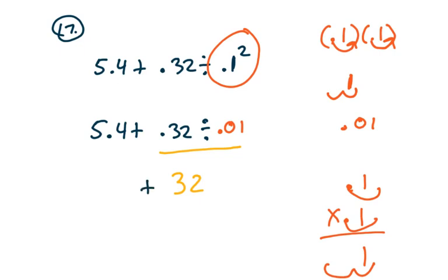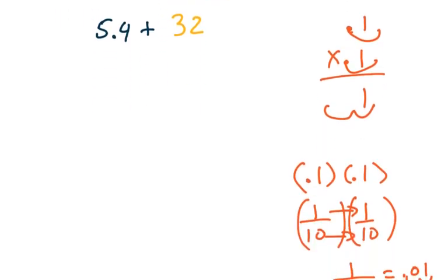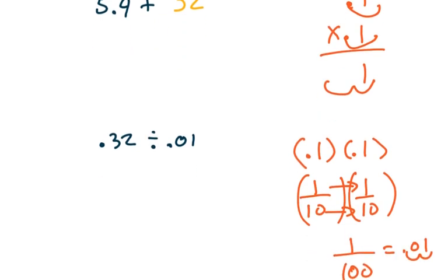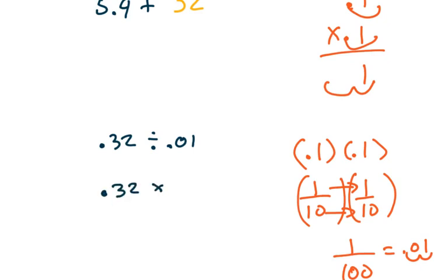Okay, but if that's not clear enough, that's okay. Let's look at 0.32 divided by 0.01 in a little more depth. So again, when we're looking at this, if you're struggling, convert it to a fraction. So let me not skip steps here. This is divided by, remember 0.01 is 1 over 100.